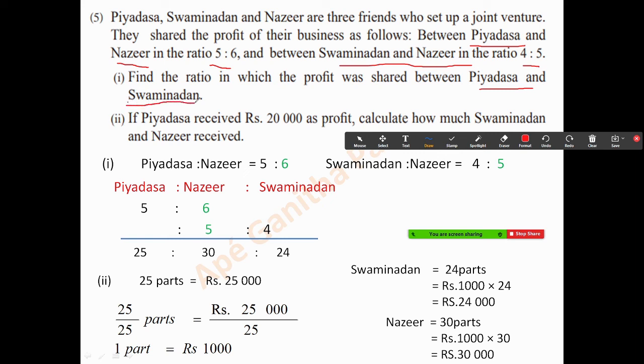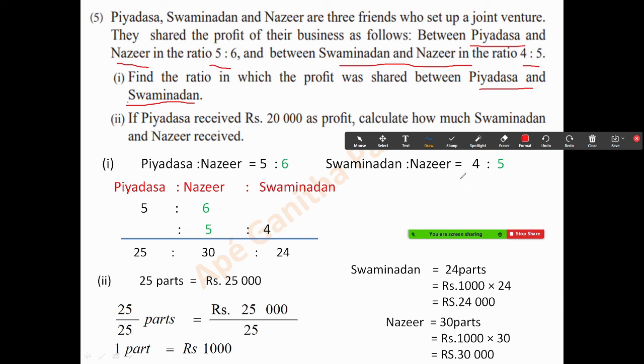Okay. First what we have to do is combine the ratios. Piyadasa to Nasir to Swaminathan. Piyadasa to Nasir 5 to 6. Swaminathan to Nasir 4 to 5.